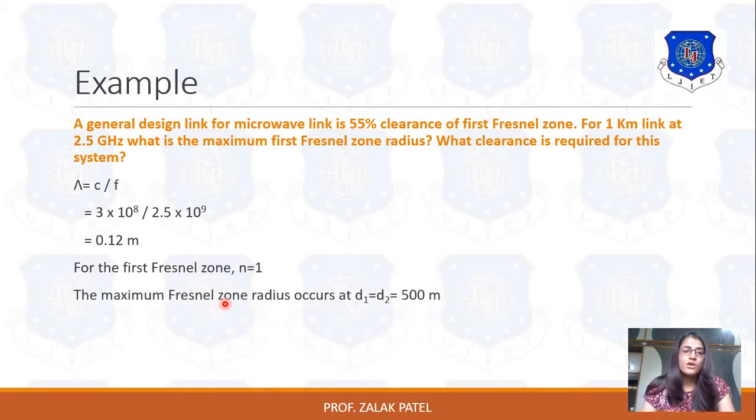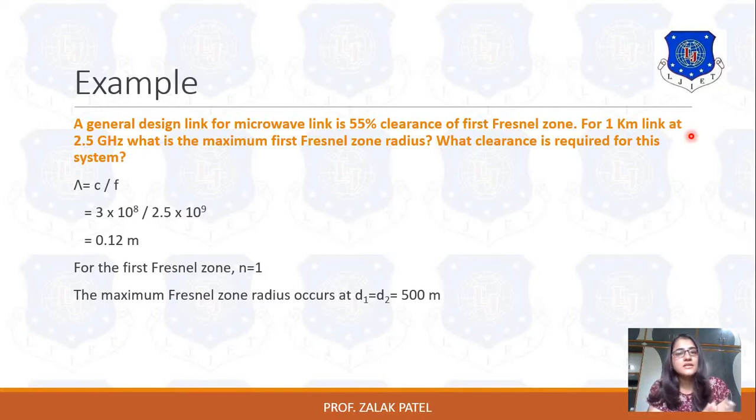Now in this question, a 1 kilometer link is mentioned. The 1 kilometer link is divided between transmitter and receiver by the obstacle. The maximum Fresnel zone is at the midpoint, dividing the link exactly in half. So 1 kilometer divided by 2 means 500 meters.